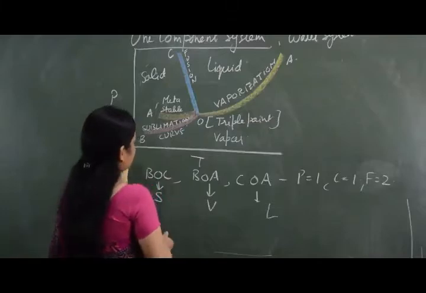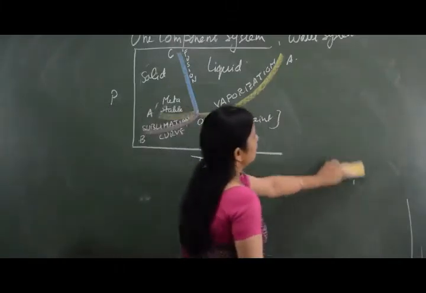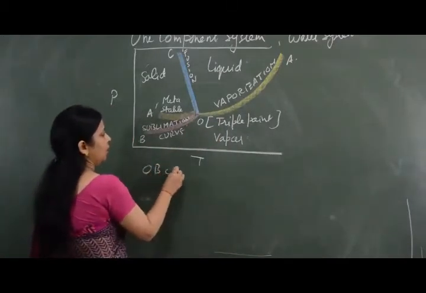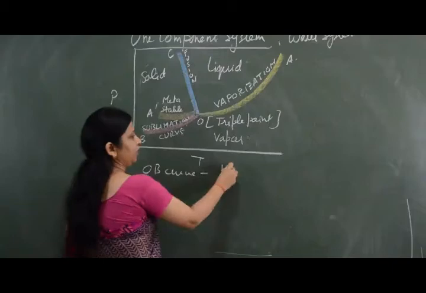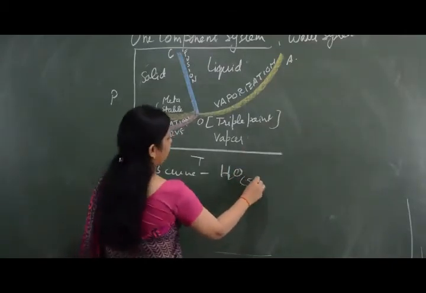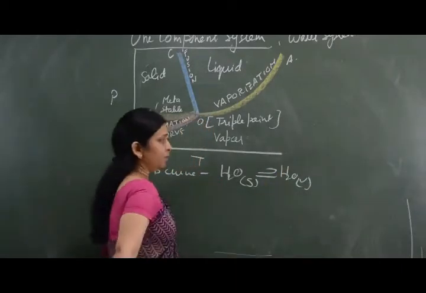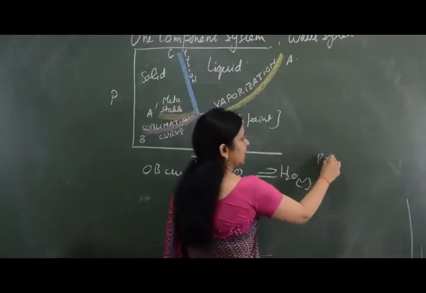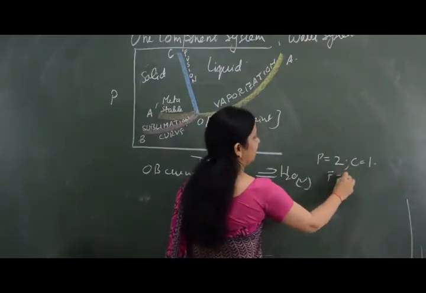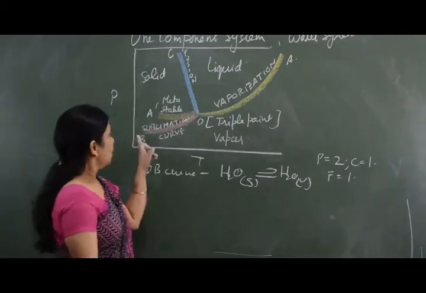Now we take up each curve one by one. First we talk about the curve OB. On the OB curve, the equilibrium is between water in solid phase and water in vapor phase. So phases are 2, component is 1, and the degree of freedom is 1. The system is univariant.